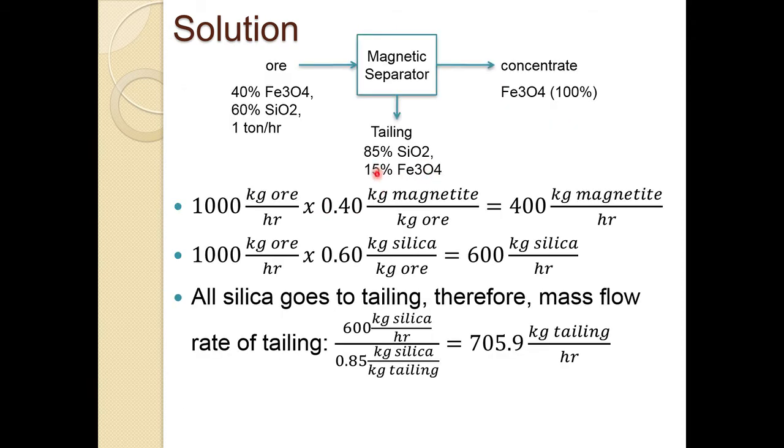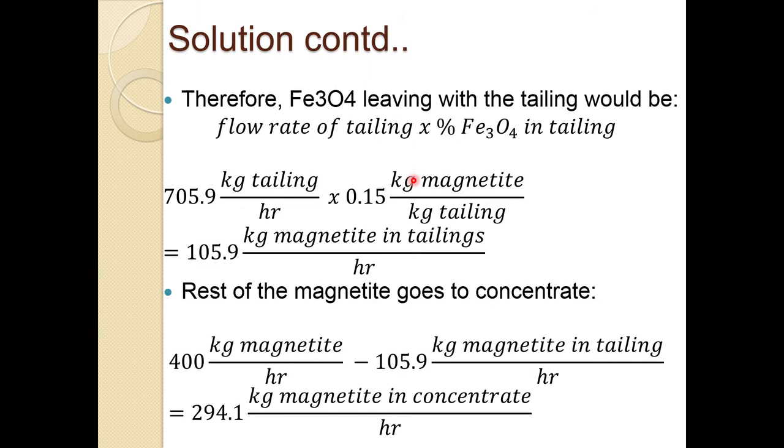15% remaining magnetite which is with the tailing, 0.15, which will give you the magnetite going into the tailing per hour. So, 105.9 kg magnetite per hour would be going in the tailings. The rest of the magnetite naturally is going as concentrate.